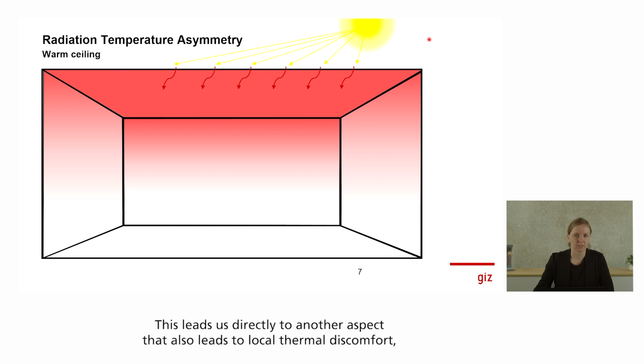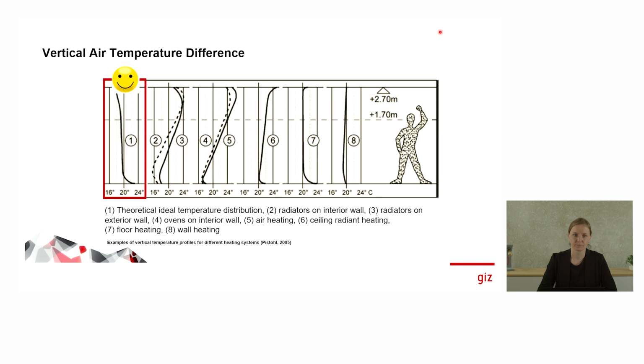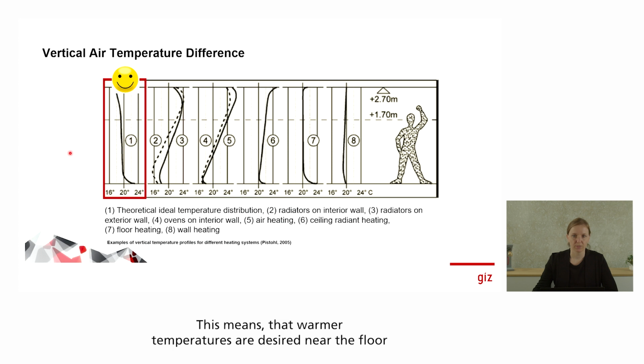This leads us directly to another aspect that also leads to local thermal discomfort, the vertical air temperature differences. This is mainly influenced by the heating, cooling, and ventilation system. On the left, you can see the optimal temperature profile. This means that warmer temperatures are desired near the floor, and cooler temperatures are desired close to the ceiling.